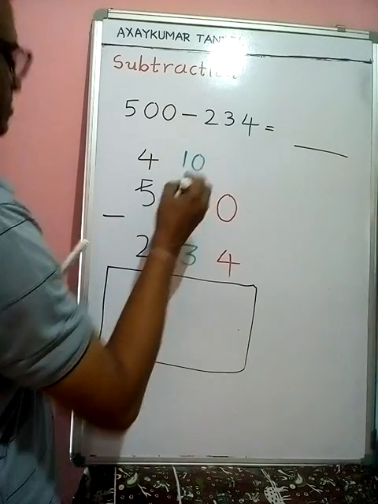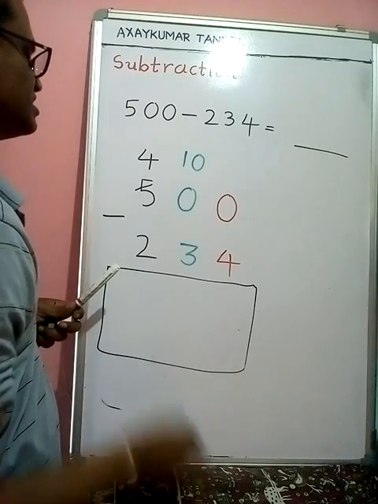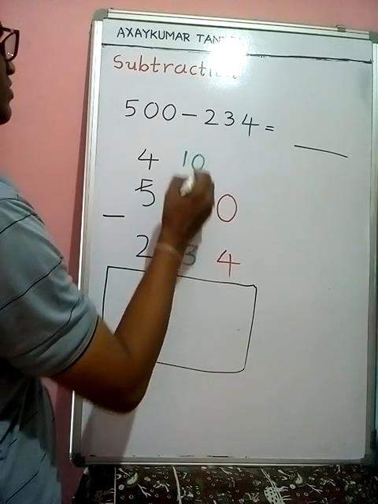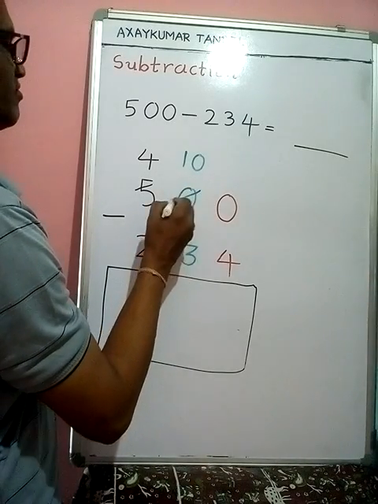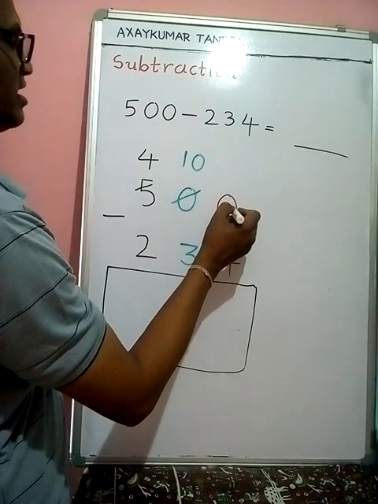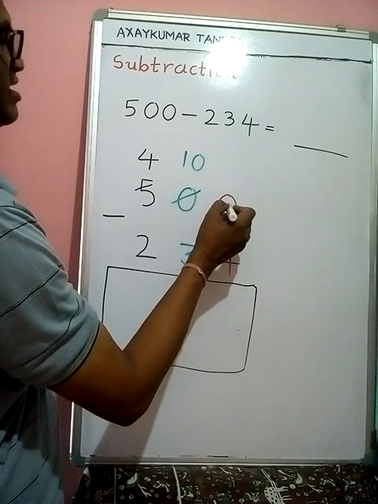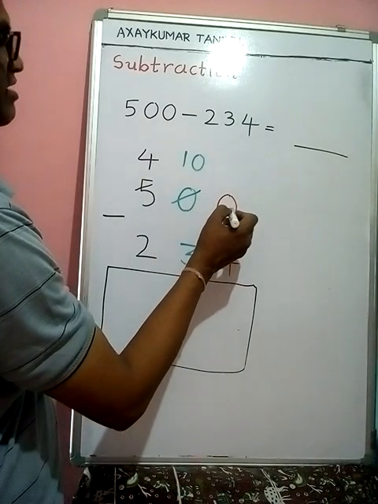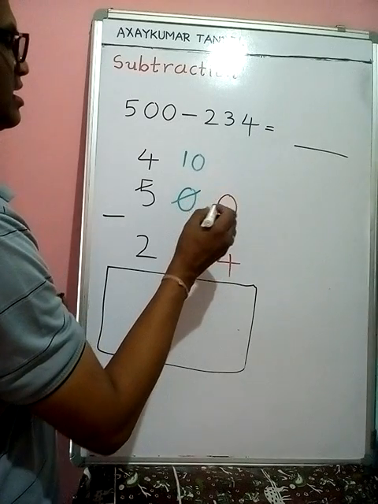And tens becomes 10 plus 0 is equal to 10. Now he has no money.